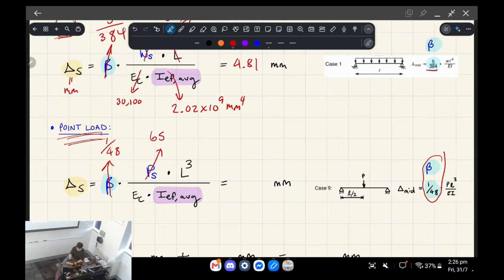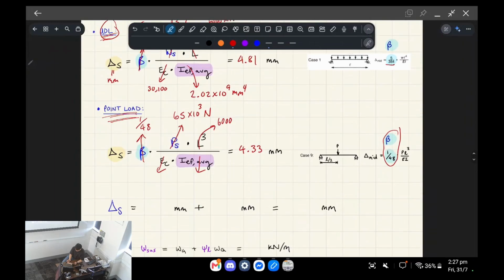We're familiar with using point loads as kilonewtons, but in this particular formula you need to make sure it's in newtons, otherwise you get the wrong answer. So this has to be multiplied by 10 to the 3 to get it in newtons. Same thing for the 6,000, and these were the same, so I'm not going to rewrite them. This gives 4.33 millimeters.